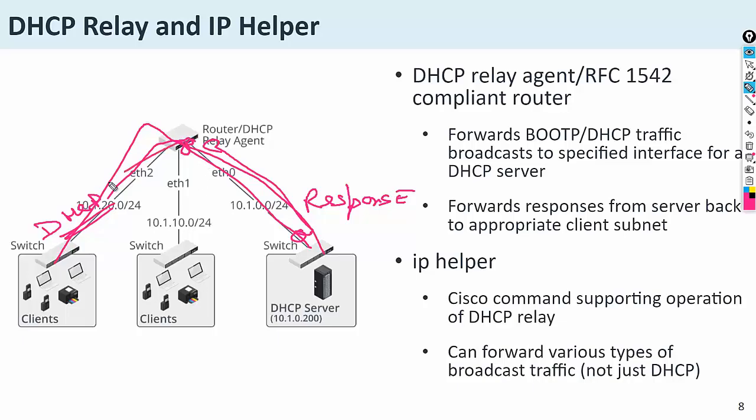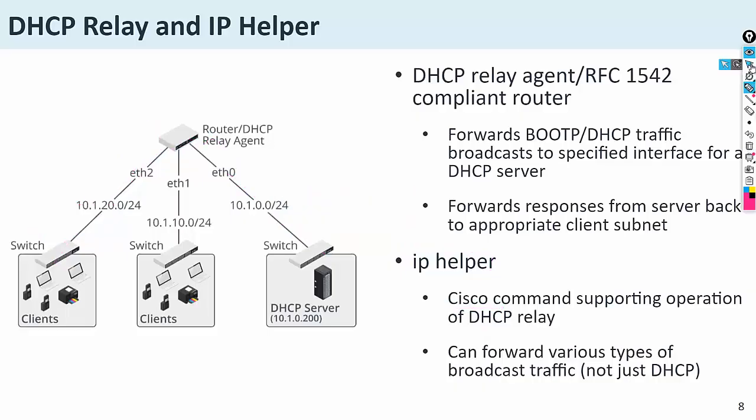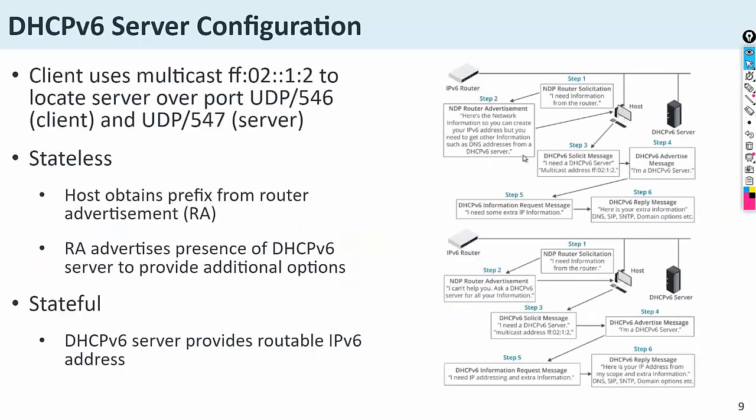So the reply will also be forwarded. IP helper is actually the command used in Cisco routers, which supports the separate operation of the DHCP relay. So not just DHCP, various types of broadcast can be forwarded inside the network.